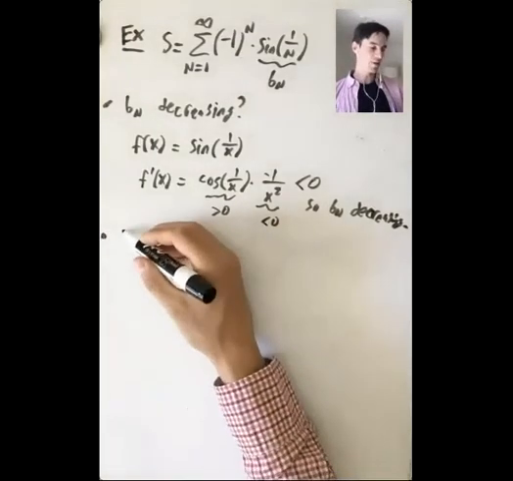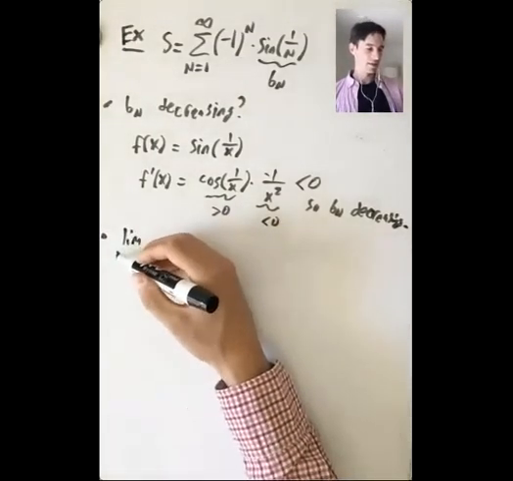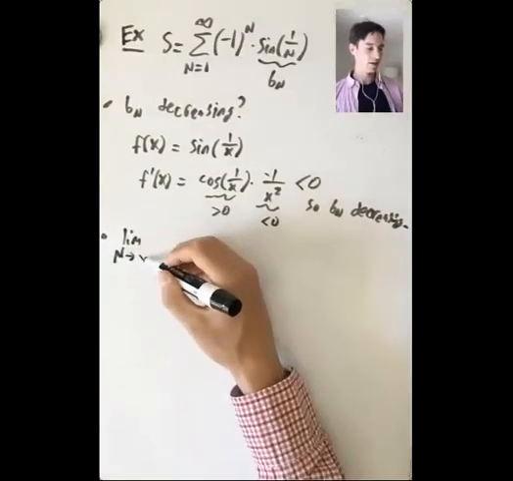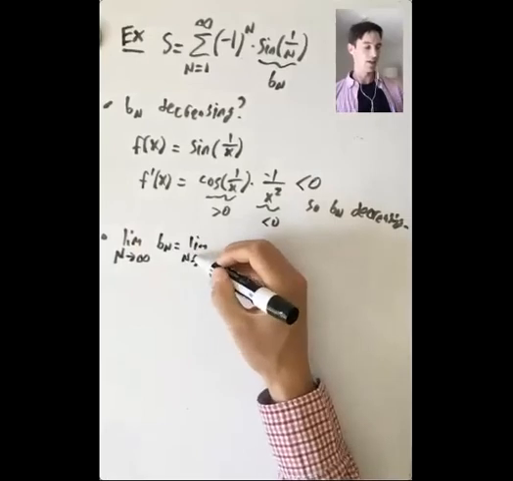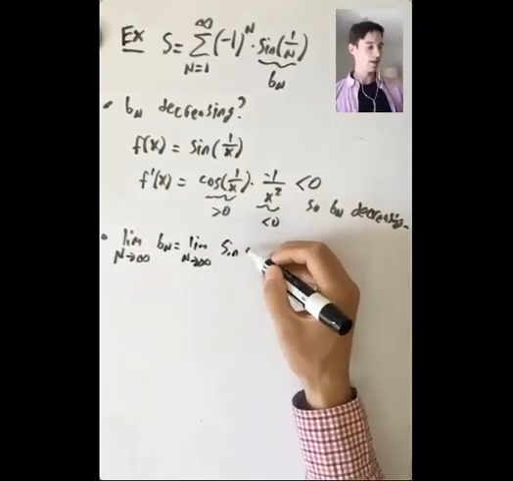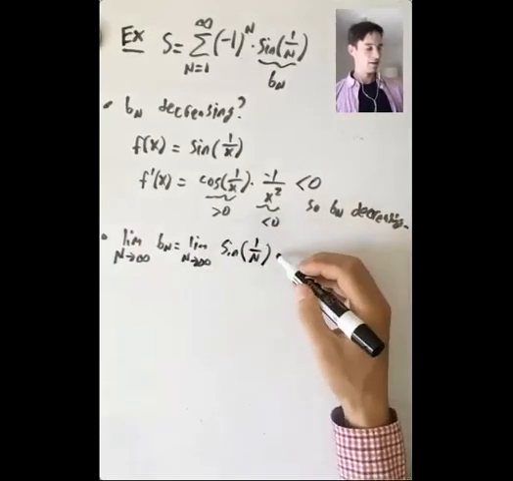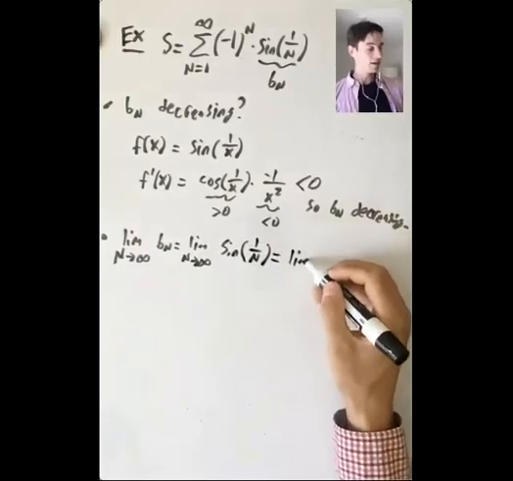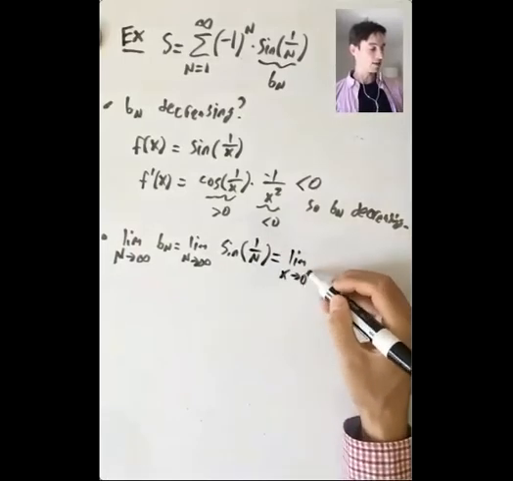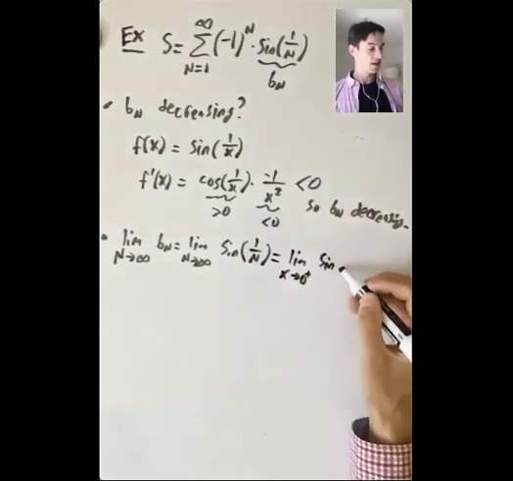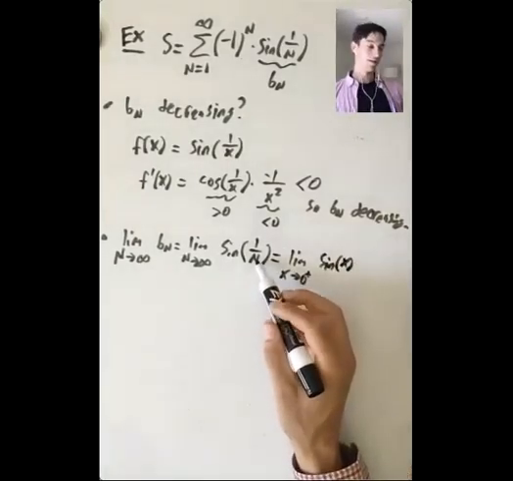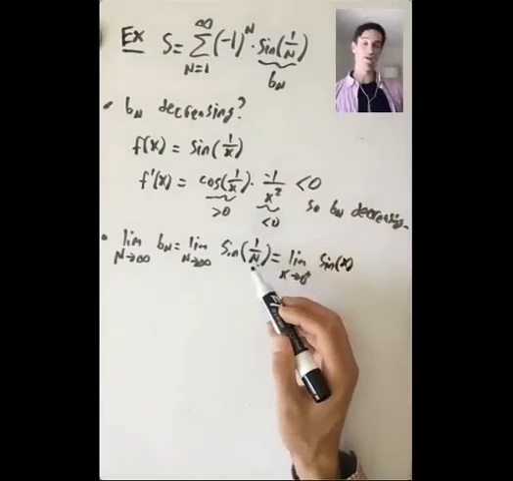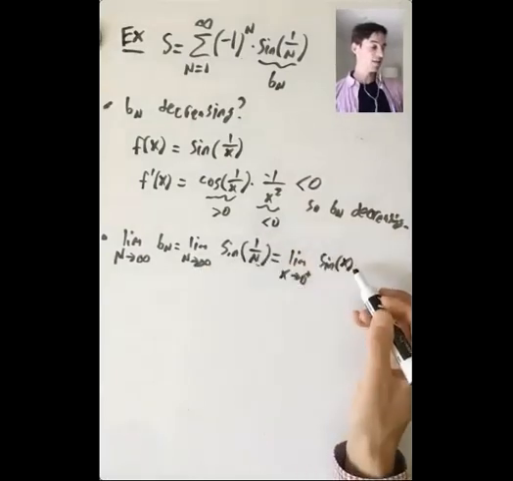Now we just have to check what is the limit as n goes to infinity of Bn. Well, this is the limit as n goes to infinity of sine of 1 over n, which is the limit as x goes to 0 from the plus direction of sine of x, because 1 over n is smaller and smaller from the plus direction as n goes to infinity.